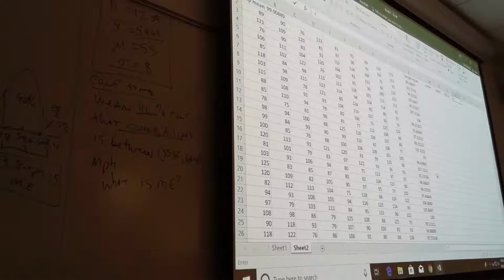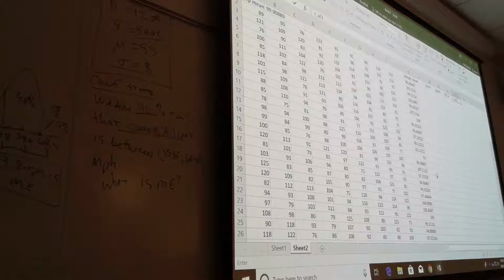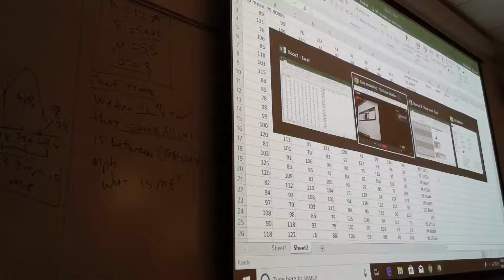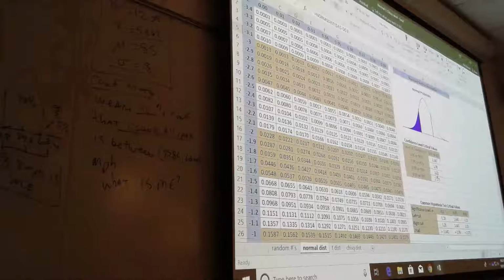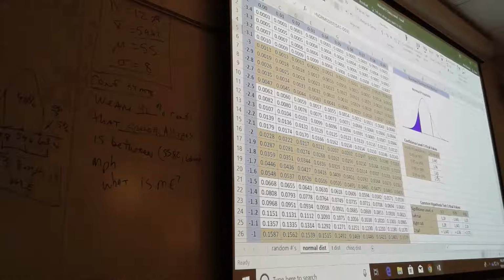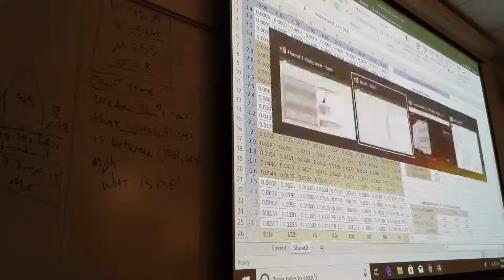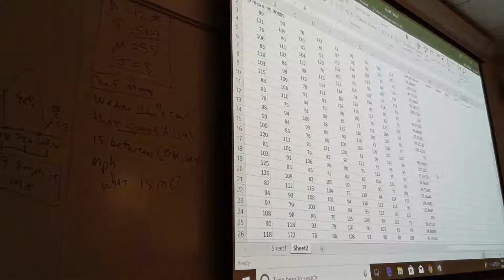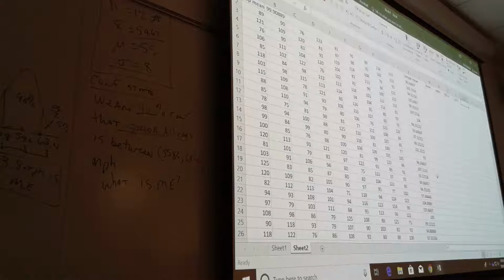For a 95% confidence interval, according to my chart, it is 1.96, which is almost 2, right? So technically, you shouldn't use 2, you should use 1.96. That's why we call it the 68, 95, 99 rule. We just round it to 2. It's actually 1.96. Okay, take it away, Abby.